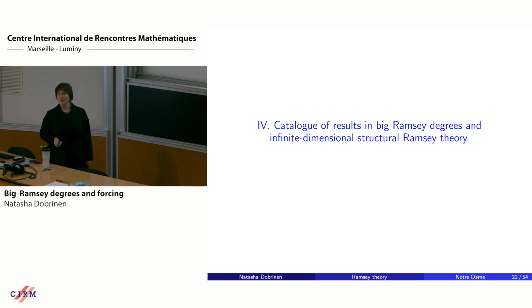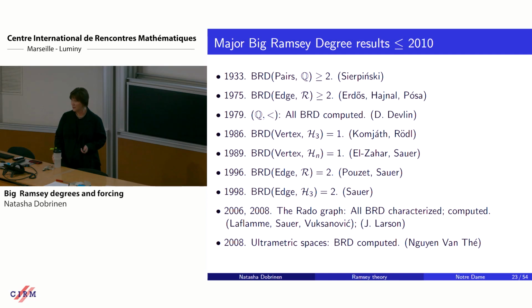All right, so here's where you could zone out if you wish to, because I have 10 very fast slides, just giving you an up-to-date of what's going on in this area. So the history started with Sierpinski, as Tanmay pointed out yesterday, and then it waited 4 decades, and then we had Erdős, Hajnal and Pósa show that the Big Ramsey degree for edges in the Rado graph is at least 2.